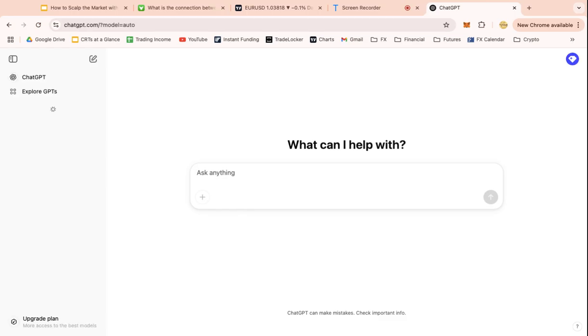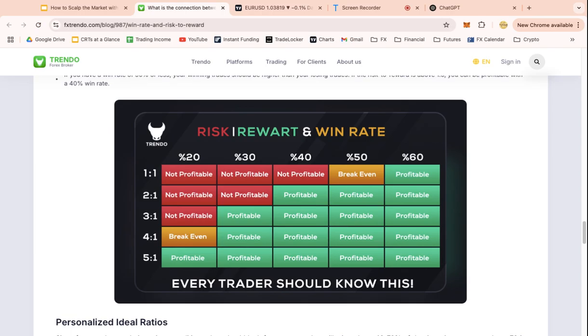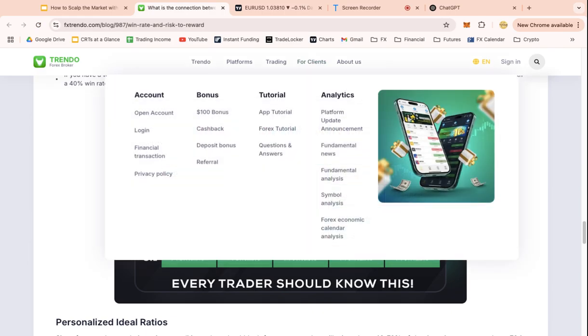If a trader has a $50,000 account with a 40% win rate, and they risk 2% per trade, and for our risk to reward ratio, we'll do a 2-to-1. I like 3-to-1 better, risking 2% to try to get 6%, but this is scalping, so I'll do a 2-to-1.